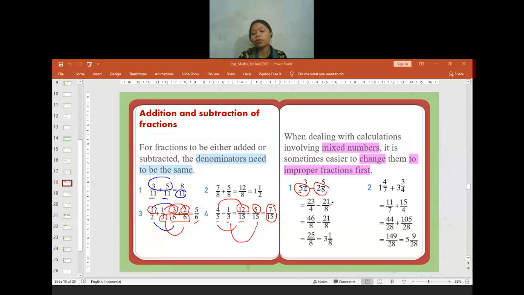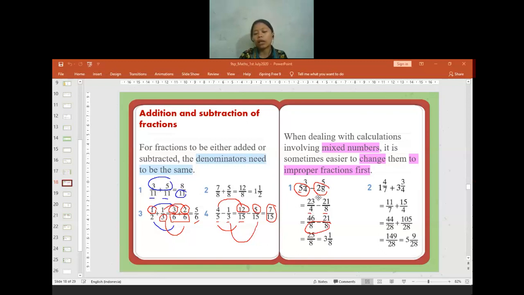After both of them already become improper fractions, I need to check the denominator. The denominators are different, 4 and 8 are different, so I have to make them the same. I make it into 8, because the LCM of 4 and 8 will be 8. After I got 8, I need to check from 4 into 8, I need to multiply it by 2.